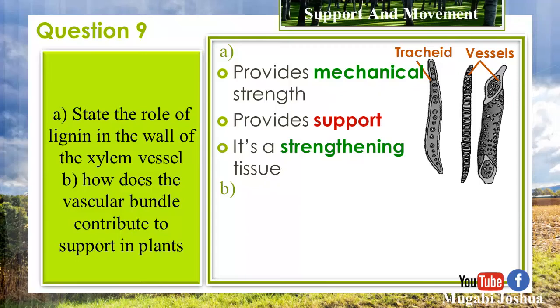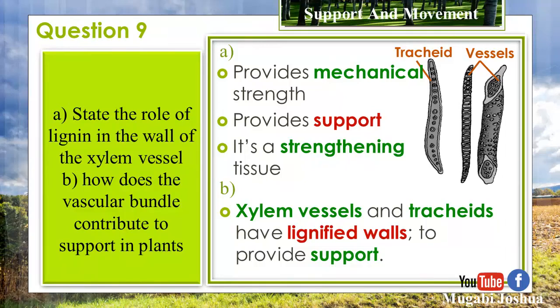So they are asking us, how does it contribute to support in plants? 1. The xylem vessels and tracheids have lignified walls, and these provide support to the plant.